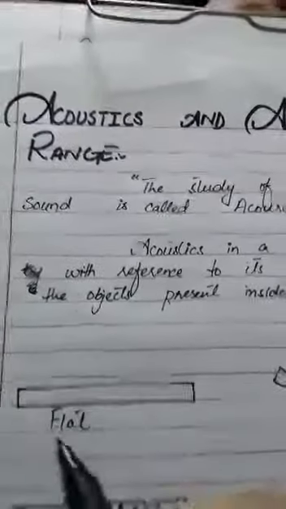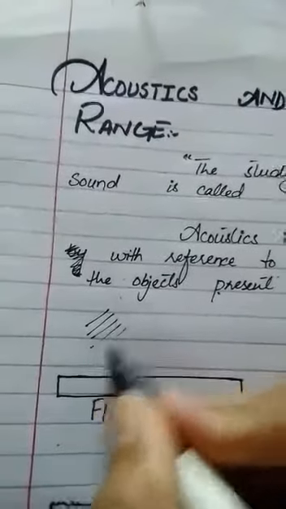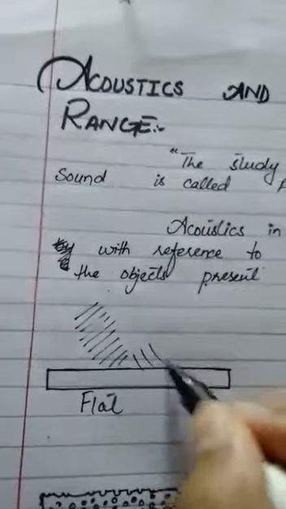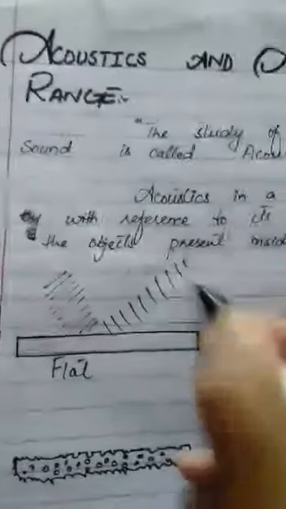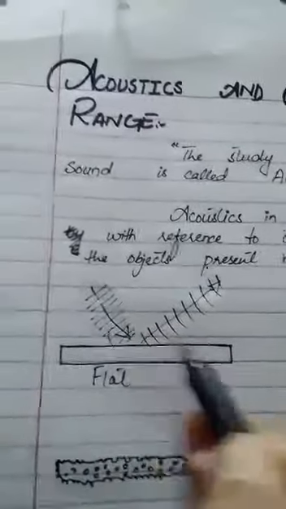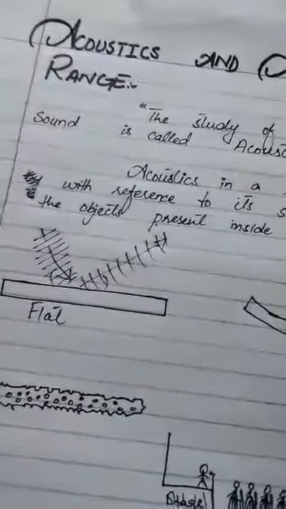They are completely flat, so they just reflect the sound waves coming towards them, just like we studied in the reflection of sound topic. This is the incident wave, this is the reflected wave, and the angle between them would be the same. So this is how flat surfaces react to sound waves. They just reflect sound.